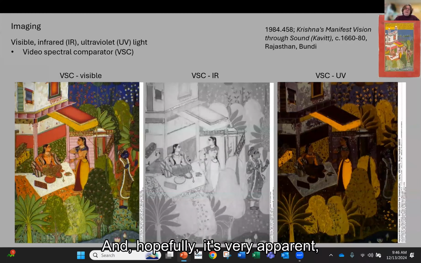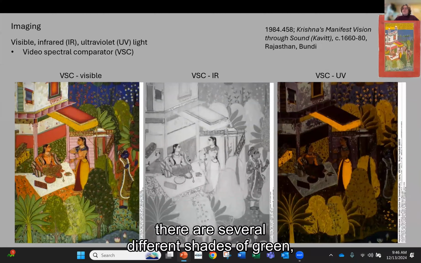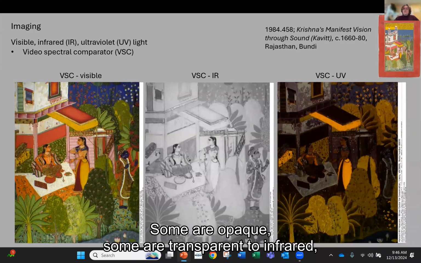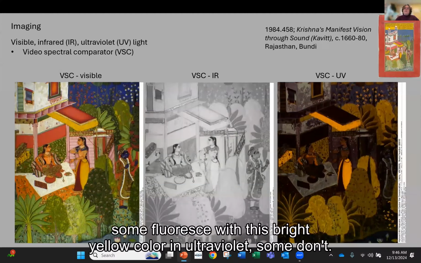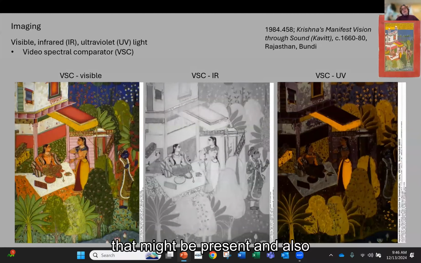Hopefully it's very apparent, just at a quick view, that with things like the greens, there are several different shades of green, and they behave differently in infrared and ultraviolet. Some are opaque, some are transparent to infrared, some fluoresce with this bright yellow color in ultraviolet, some don't. So this gives us an idea of some of the different combinations that might be present, and also how many different shades of a certain pigment we would have to look at.